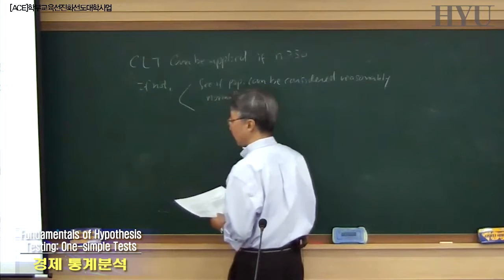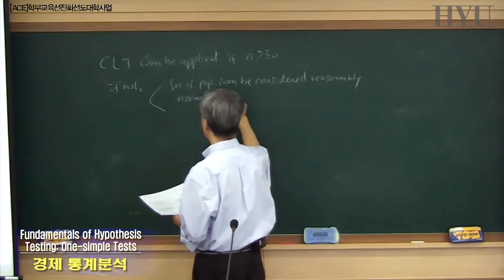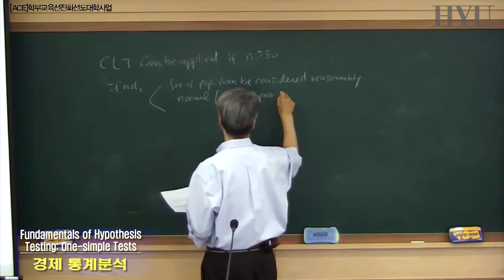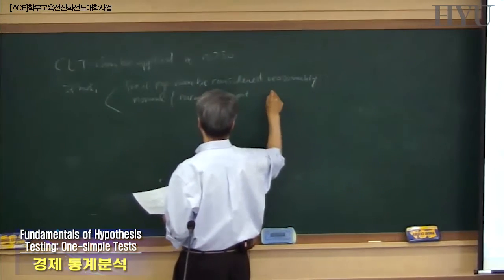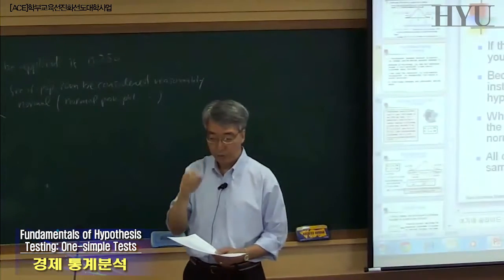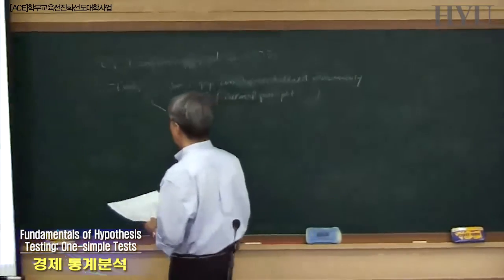How do you do that? You can use some tests like a normal probability plot. That's the way we've used in our previous chapters.